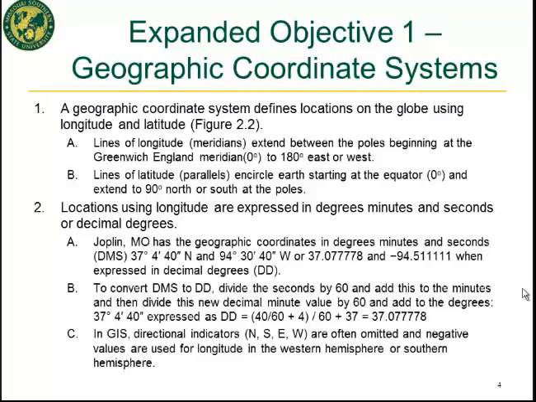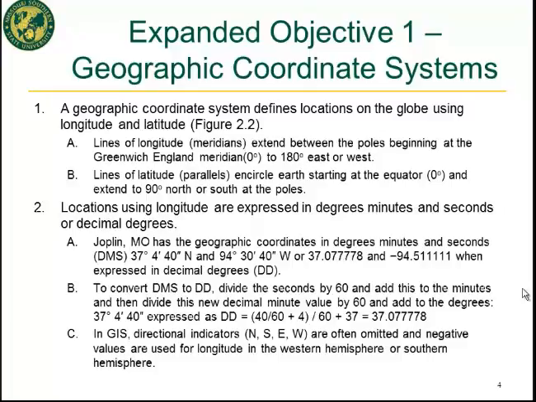When we identify a location on a geographic coordinate system, we typically use longitude and latitude, expressed in degrees, minutes, and seconds, or sometimes decimal degrees.